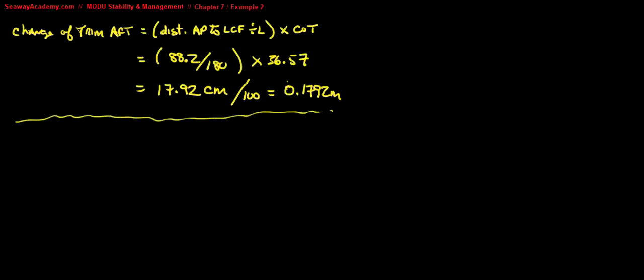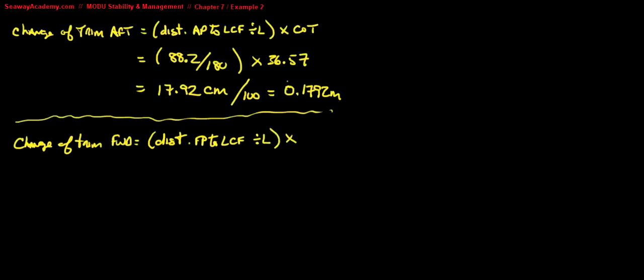So now to calculate your change of trim forward, your formula is going to be your change of trim forward equals the distance from your forward perpendicular to the longitudinal center of flotation divided by your total length. Then multiplied by the change of trim.